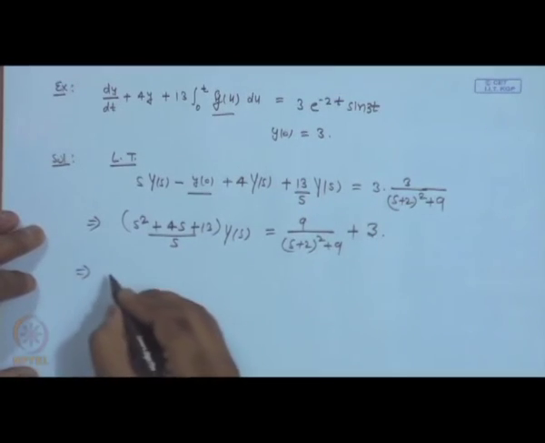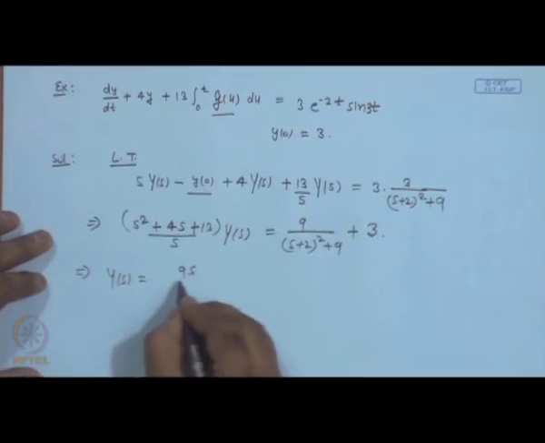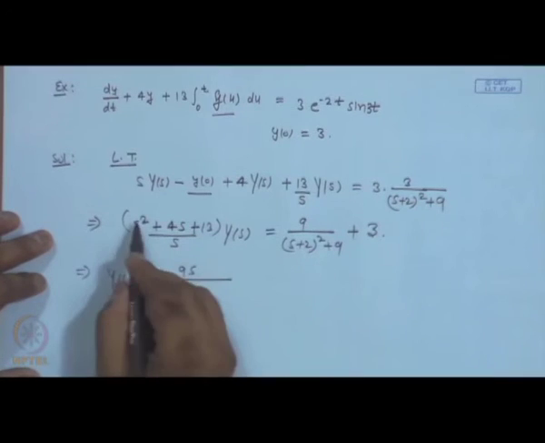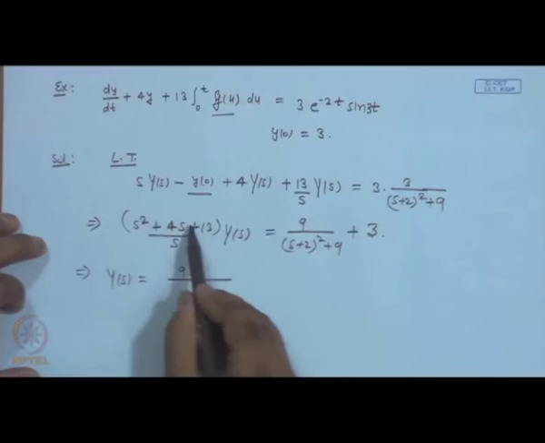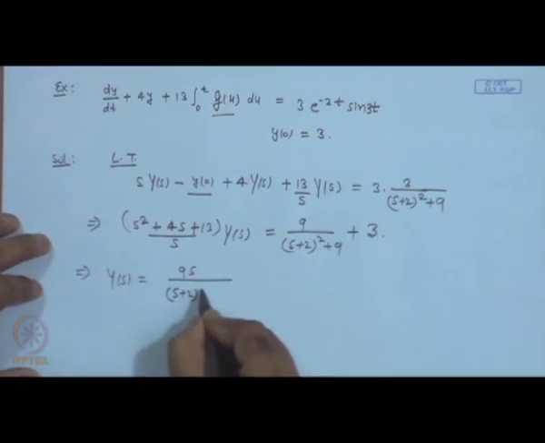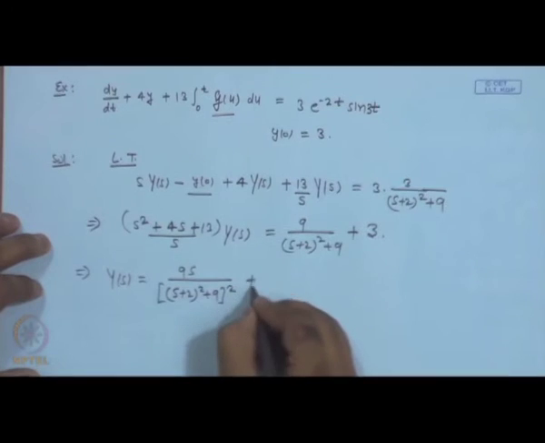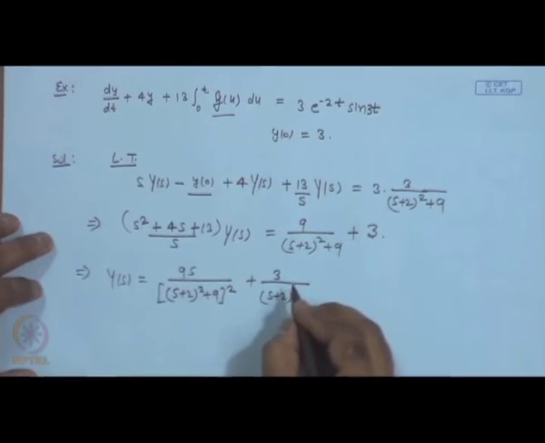We simplify this to get Y(s) as 9s over ... and this is again the same term, because this is (s plus 2) whole square plus 9. So, we get basically (s plus 2) whole square plus 9, squared, plus 3 over (s plus 2) whole square plus 9.